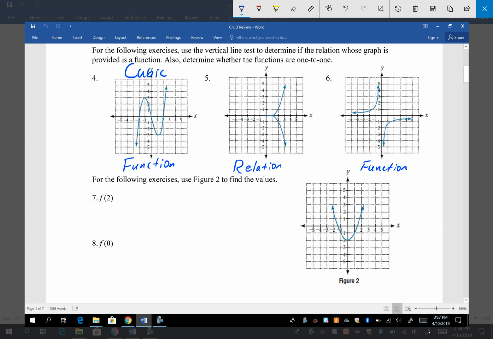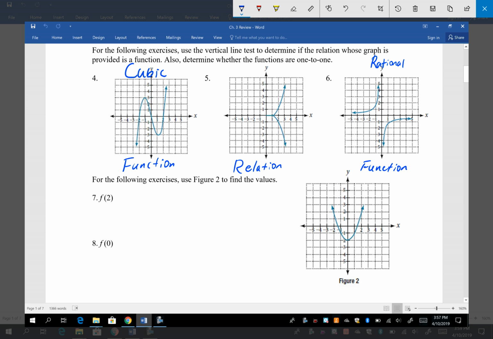Not square root. What is it? It is 1 over x, but what is that called? Not inverse, but I see why you're saying that. Starts with an R? It's not a rational. Rational. Okay, is everybody good on which ones are functions and which ones not?